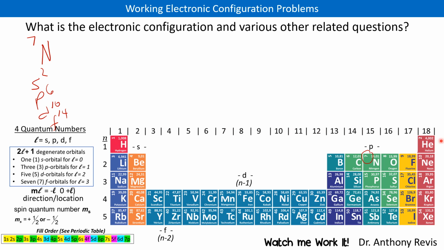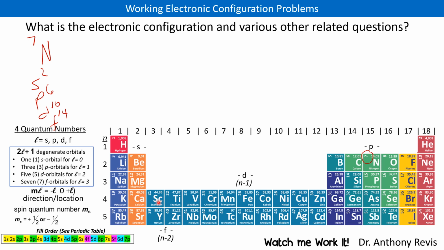It's 1s2, 2s2, 2p6, 3s2, 1, 2. We skip this vacant lot, and we're over here at 3p, 1, 2, 3, 4, 5, 6. And then we'll go down to 4s, 1, 2.